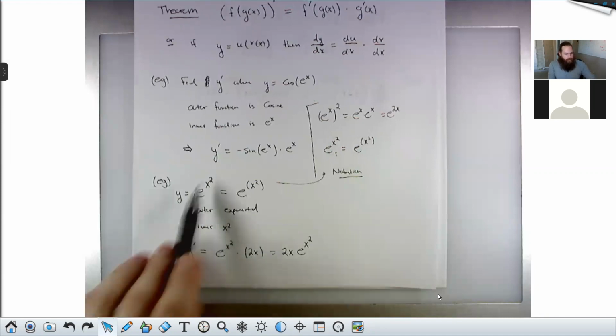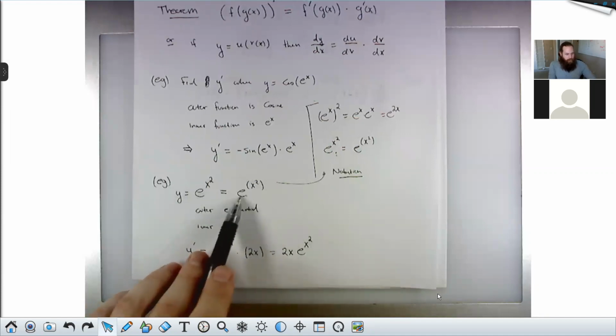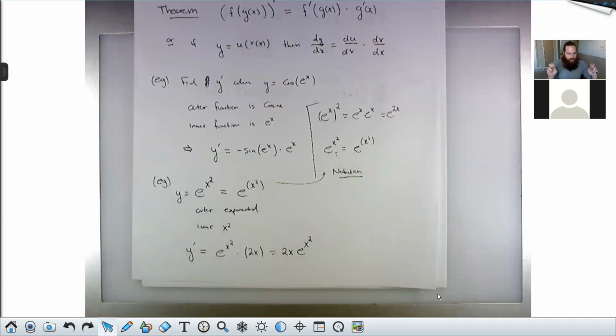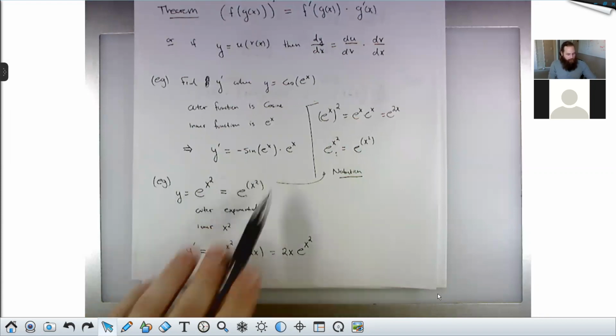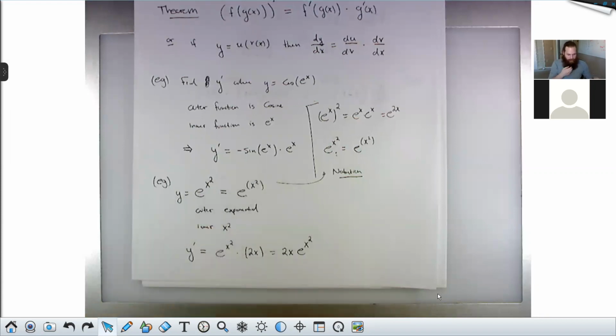If I want to differentiate this composite function, I differentiate the outer function, I differentiate the e, right? And the derivative of e to the x is e to the x. So the derivative of the outer here is just e to the same stuff. And then I multiply by the derivative of that stuff. The derivative of x squared is 2x. The derivative of the exponential, the outer, taken with respect to the inner, is just e to the x squared. So we end up with 2x times e to the x squared.